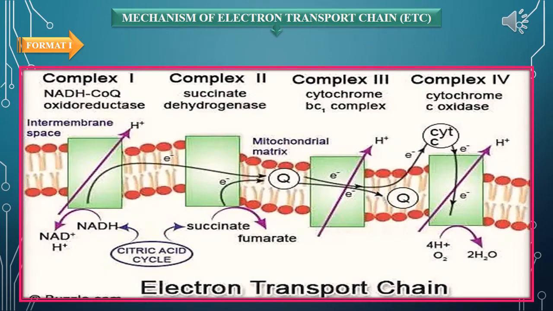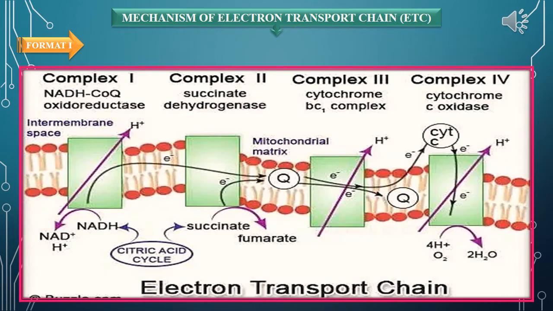Let's move on to the mechanism of electron transport chain, that is ETC. Here you can find 4 different formats of electron transport chain. In the coming slides, you can observe whichever format you understand better, and all the 4 formats show the same mechanism of electron transport chain.